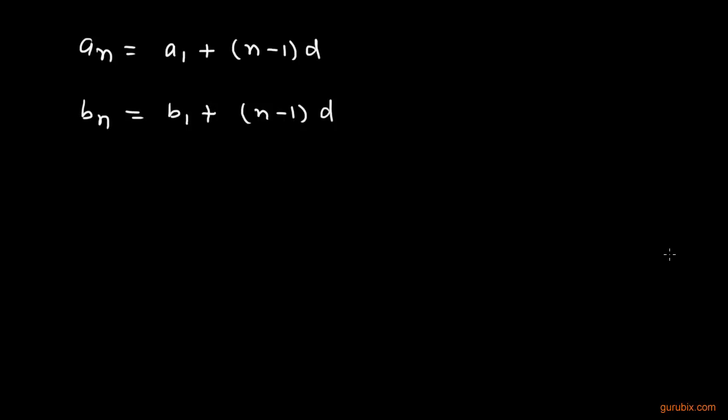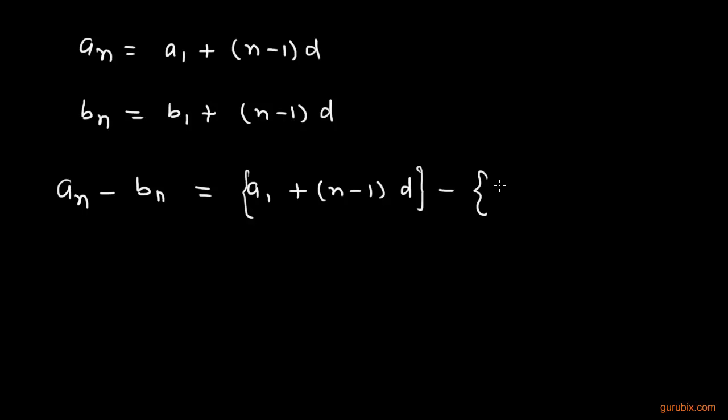And it is given to us that the difference between their 100th terms is 100. So let us find the difference between their nth terms like this: an minus bn, and this is a1 plus (n minus 1) into d, minus b1 plus (n minus 1) into d.